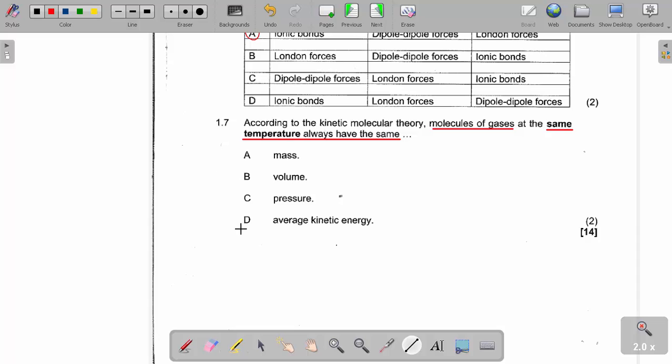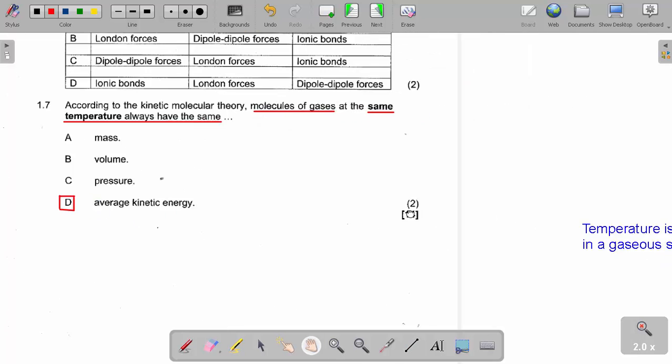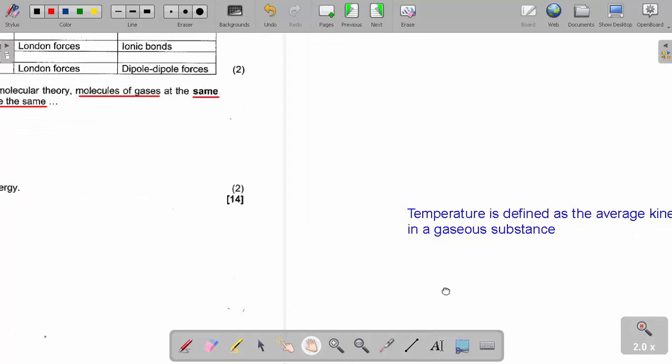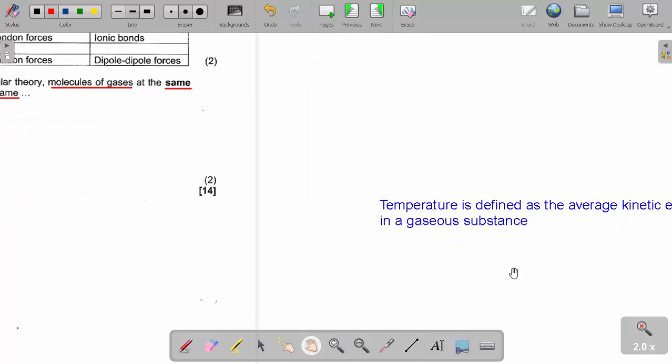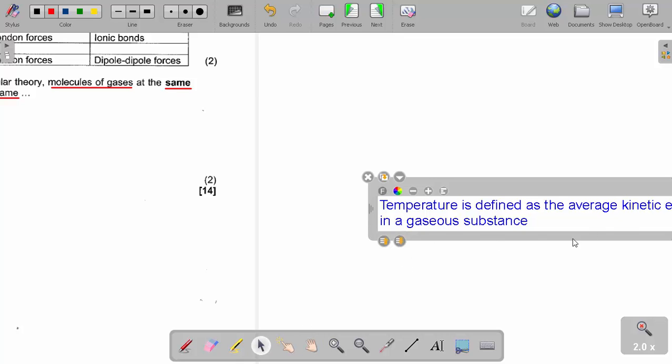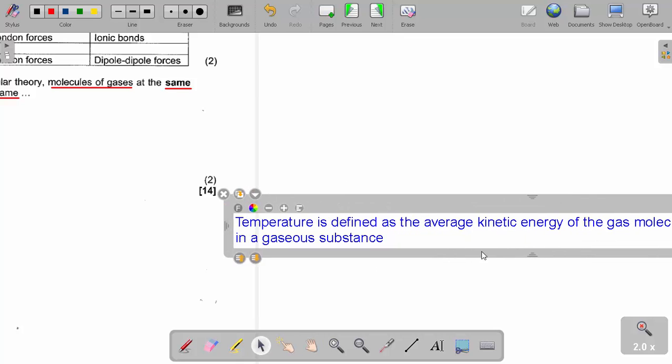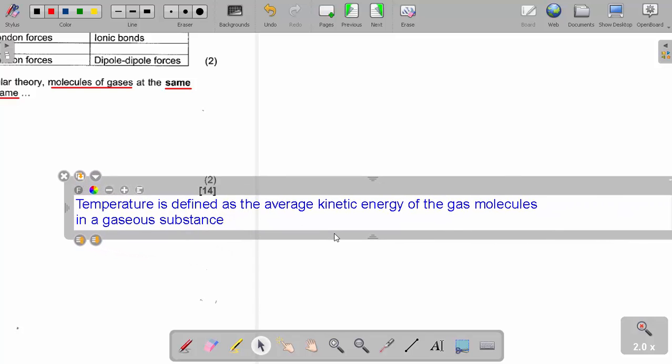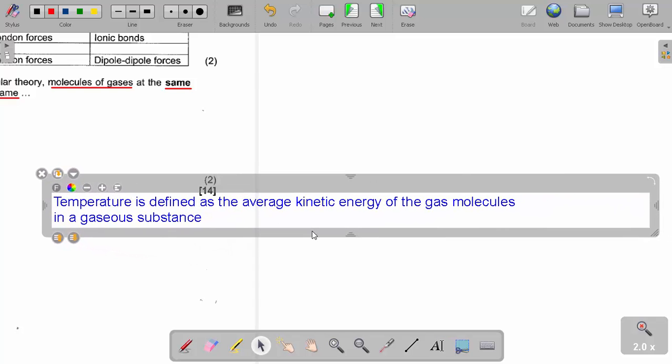Why? Because if they ask us in chemistry to define temperature, we say temperature is the average kinetic energy of the gas molecules. Do you remember that, guys? So temperature is the average kinetic energy of the gas molecules in a gaseous substance.